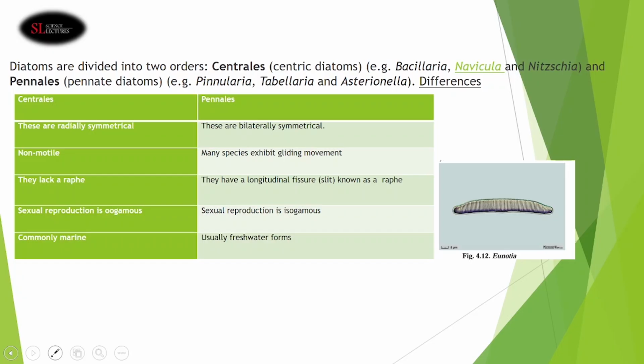The centriales lack the raphe, while the pennales have a longitudinal fissure or slit called raphe. Then the centriales have only oogamy as a mode of sexual reproduction. The other ones also have isogamy. Many of the centriales are found in marine water, while the pennales are found in freshwater.